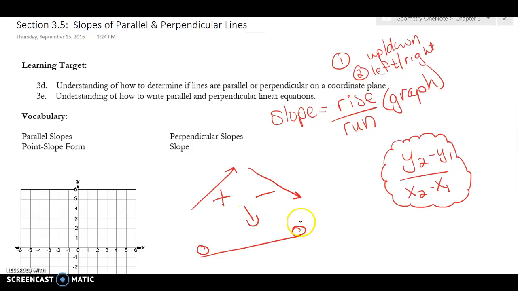So that's slope guy. The thing to remember is if I have a 0 on the bottom, that is undefined because you're not able to walk up a vertical line.